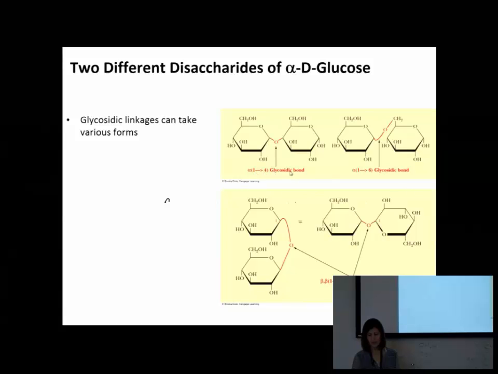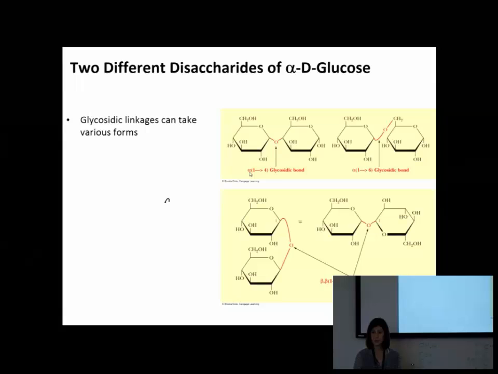So this is how we're going to notate our glycosidic bonds. We're going to first say, is the OH on the sugar that has the anomeric carbon in the glycosidic bond alpha or beta? So when you're naming the bond in polysaccharides and disaccharides, you first identify the sugar that is in the glycosidic bond. You find out whether the OH is pointing down or up, and that's what this alpha has to do with.